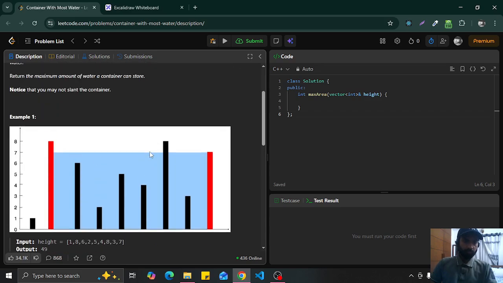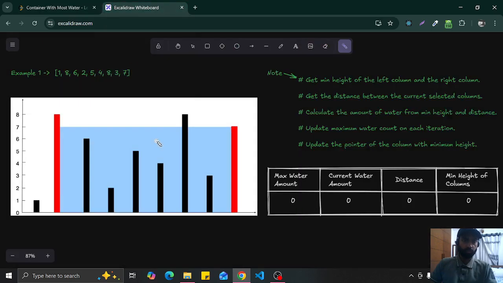So the solution of this problem needs a little bit of visualization. So let's go to the board here. So as we can see, we have the height of the columns given inside the array. Any two columns can form a container.